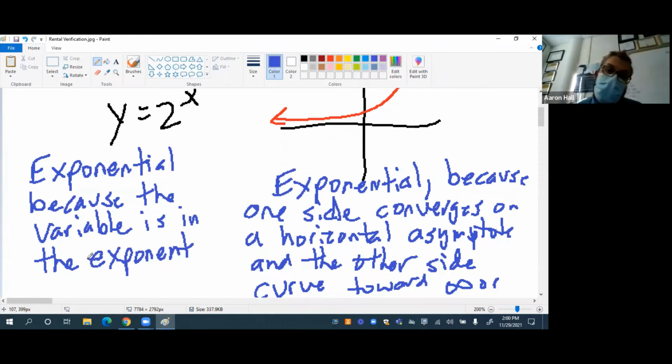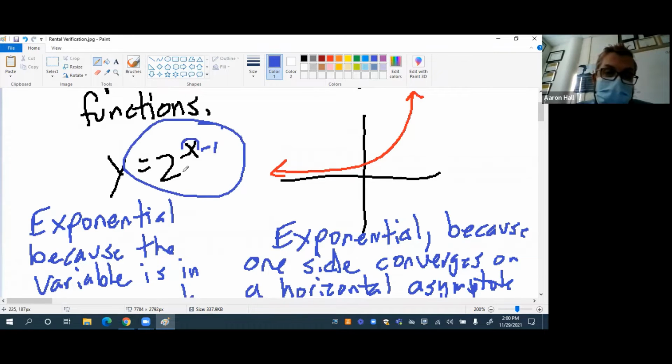In this case, the variable is the exponent, but we could have something else like a -1 or something like that. And this would still be exponential because our variable is in the exponent.